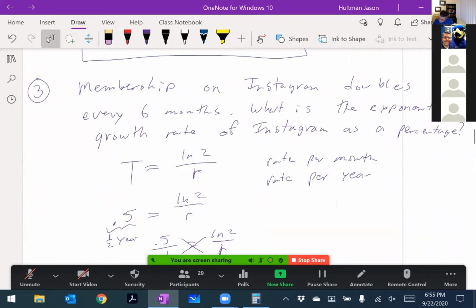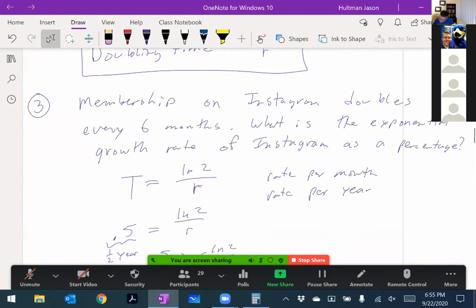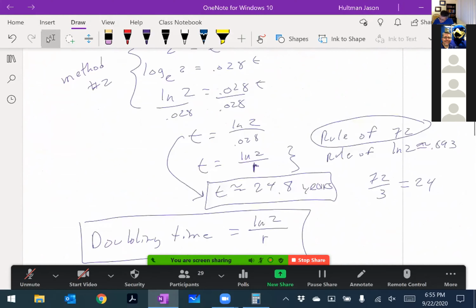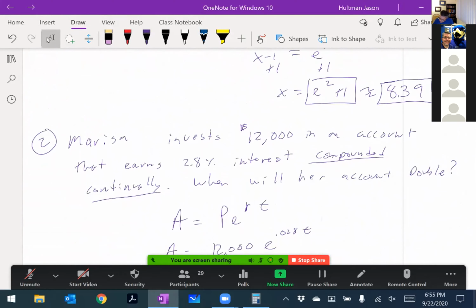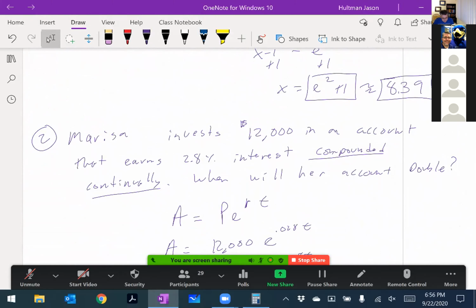Okay, there was one other thing that I wanted to show you guys. Solving for T, we did our doubling time, that's fine. We did our compounded interest. Oh, decay. Okay, but we don't talk about that until 2.5. The doubling growth we've already covered.